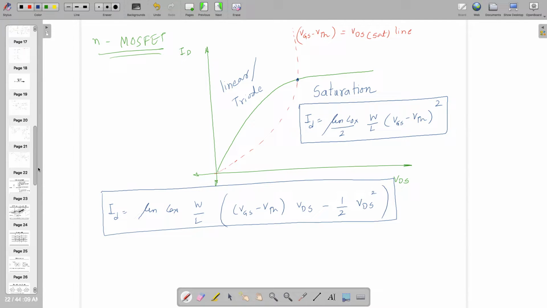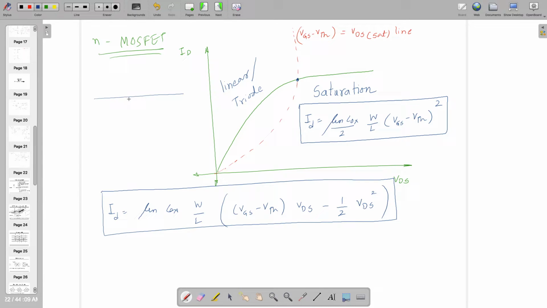Okay. So by the way, mu n is what? Mobility of this n-type semiconductor, right? So NMOS, that's why it's mu n. Cox is oxide capacitance.